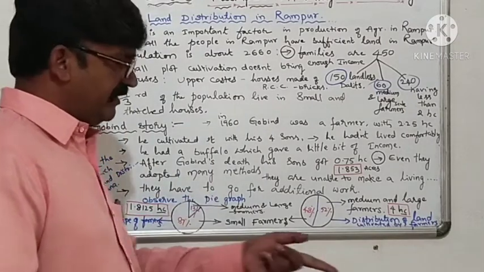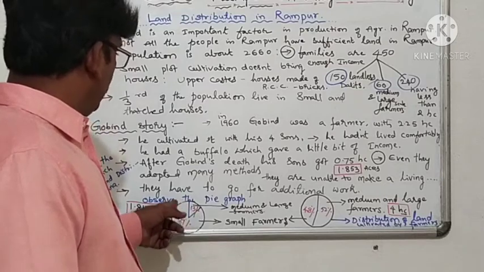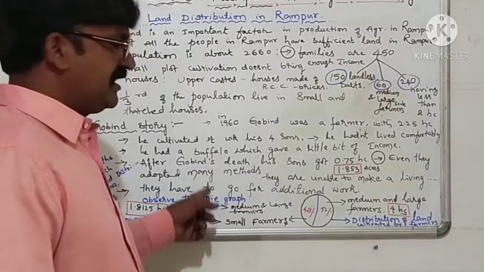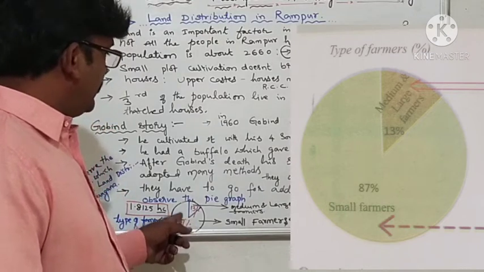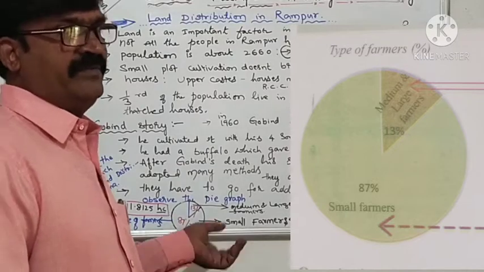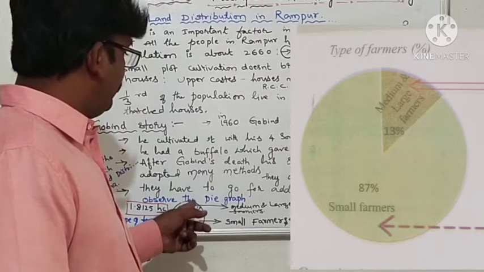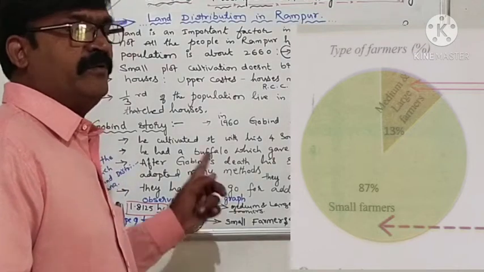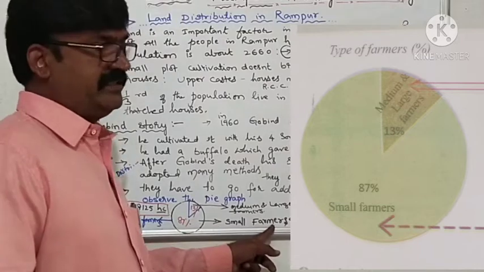Observe the pie graph given in your book also. Here, if we suppose this circle is 100%, 87% of the farming population or farmers are small farmers.